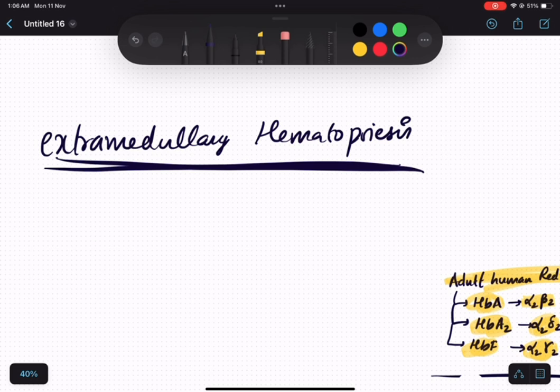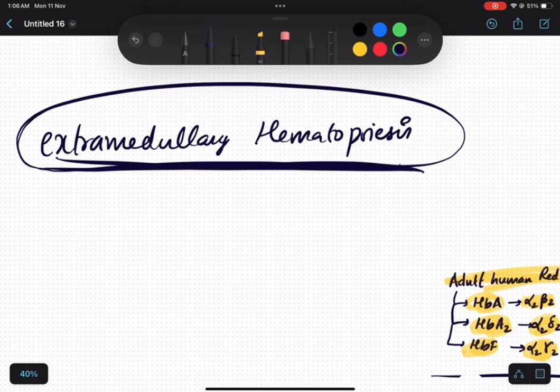In any other bone part like the skull, it shifts to any bony prominence or any parenchymal organ, and it's known as extramedullary hematopoiesis. Hematopoiesis occurring outside of the bone marrow is known as extramedullary hematopoiesis.